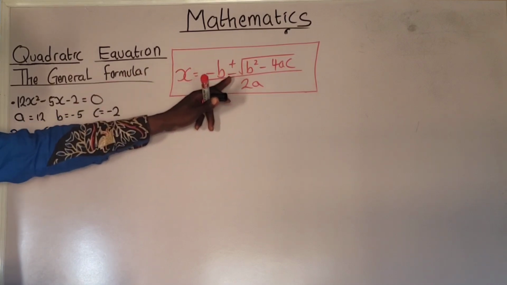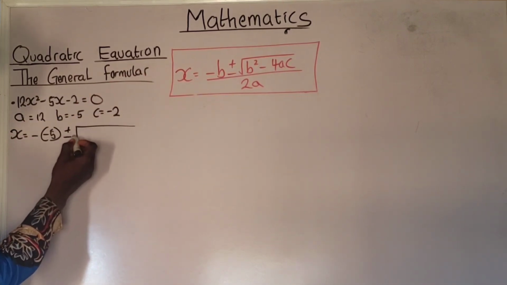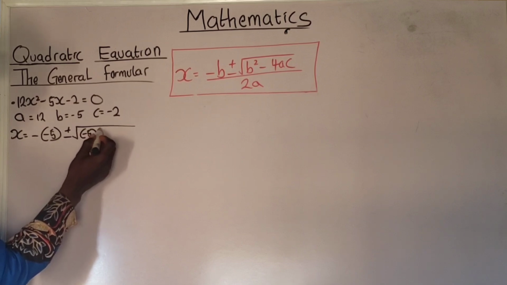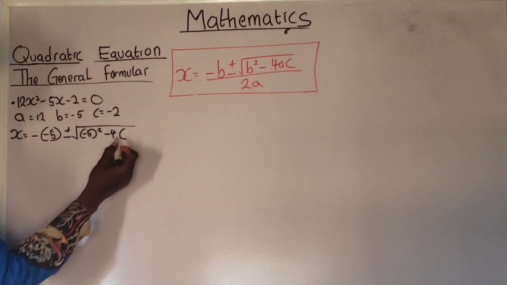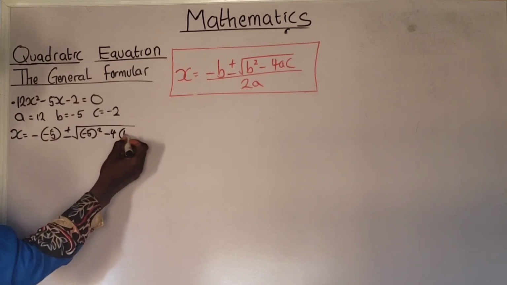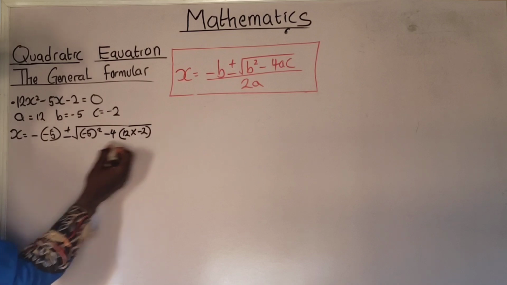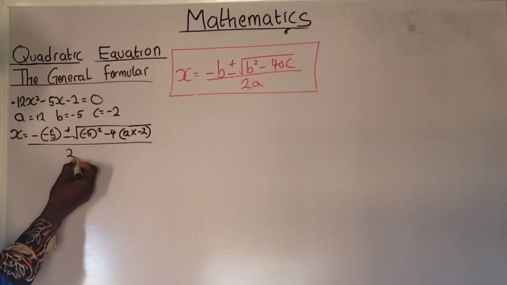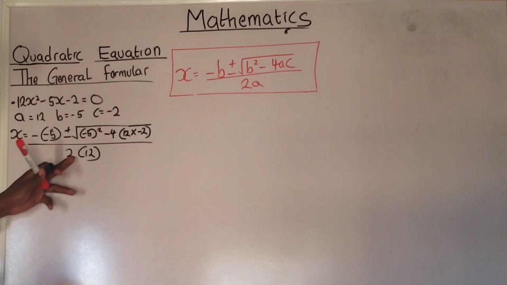Minus b plus or minus the square root of b squared, here minus 5 squared, minus 4ac. a is 12 and c is -2. All over 2a, all over 2 multiplied by a. a is 12, so I have 2 multiplied by 12.